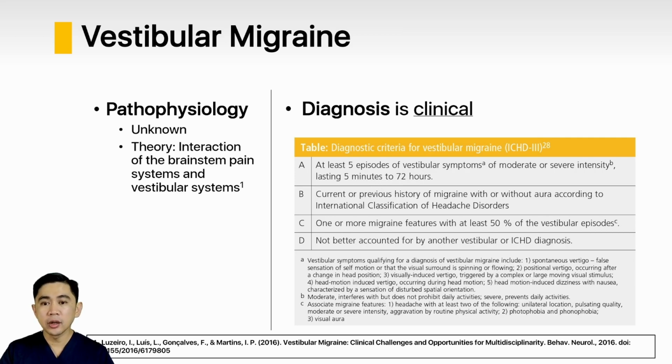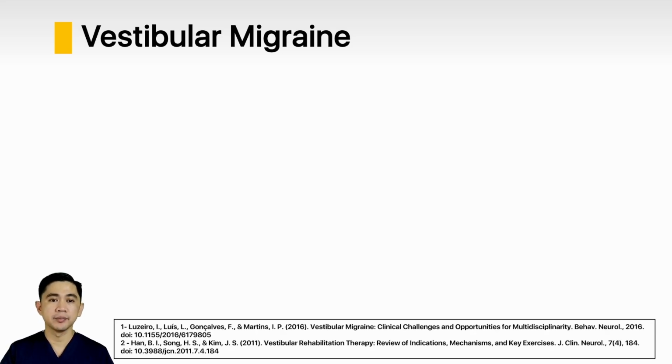B, current or previous history of migraine with or without aura according to International Classification of Headache Disorders. C, one or more migraine features with at least 50% of the vestibular episodes. And D, not better accounted for by another vestibular or ICHD diagnosis. If you have all of this, probably your patient has vestibular migraine.